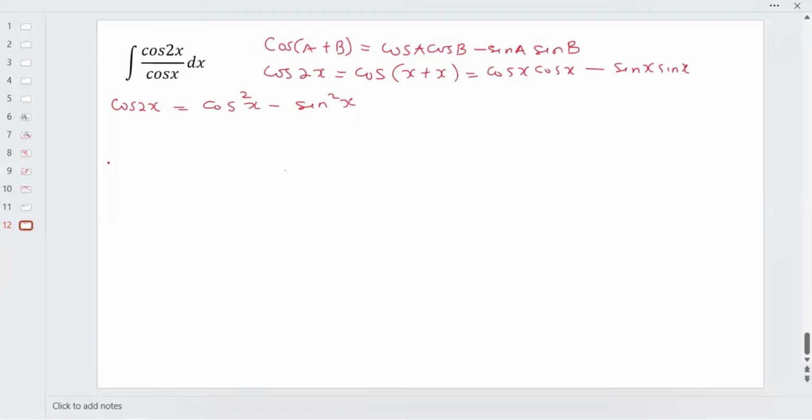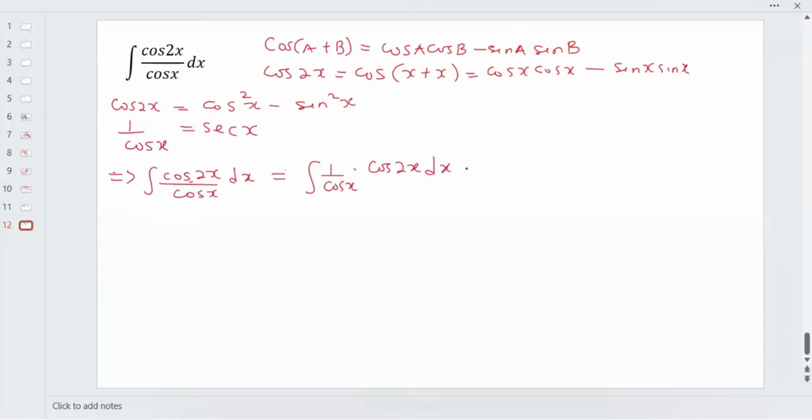Now, having understood that, we also know that 1 over cos x is equal to sec x. So I can now say that the integral of cos 2x over cos x dx is the integral of 1 over cos x multiplied by cos 2x dx.